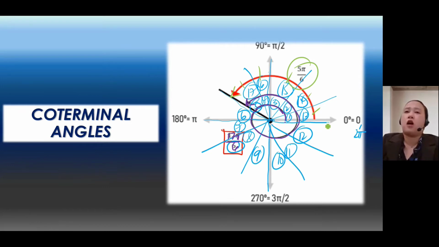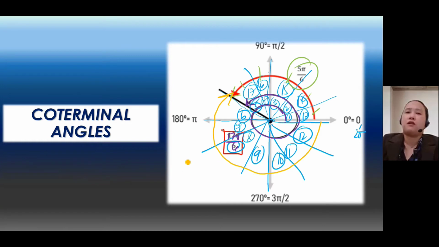Another option is that, from the initial side, let us count 1, 2, 3, 4, 5, 6, 7. So we can also have a coterminal in the opposite direction.